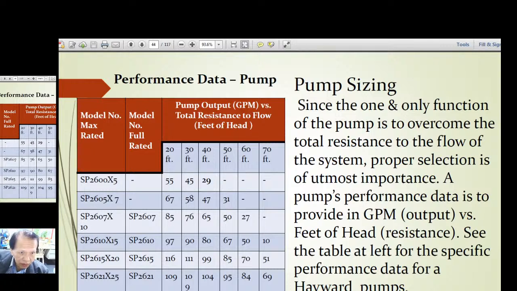So here at 30 is 45 GPM. Okay, but if you go to a higher pressure, it's 29 GPM. So this first unit fits because the figure is between 30 and 40, so most possibly 45 will be okay. Let's see.